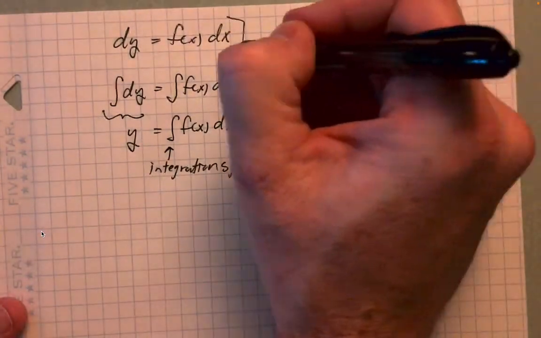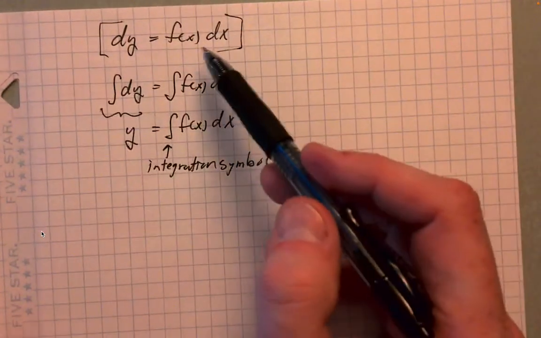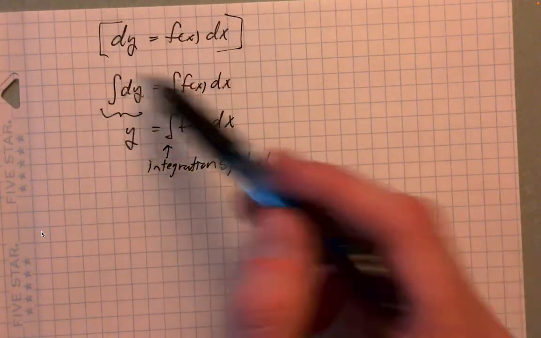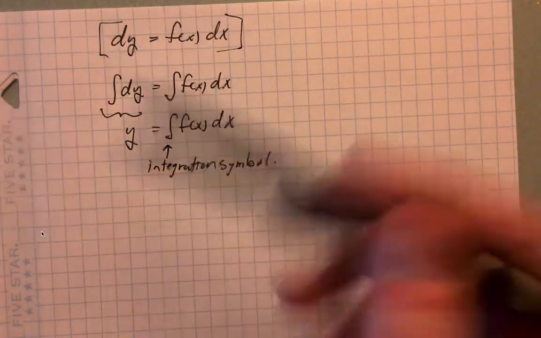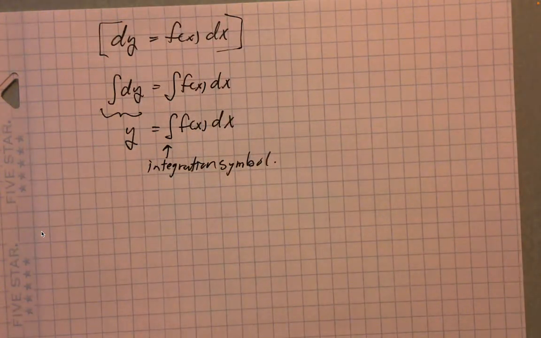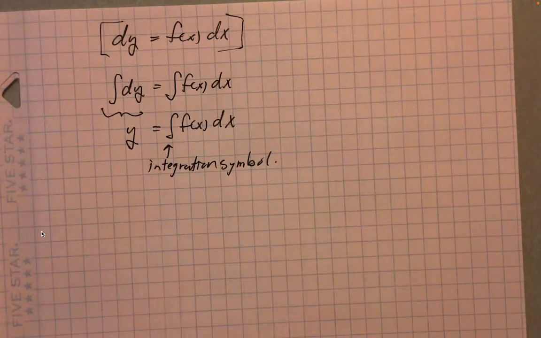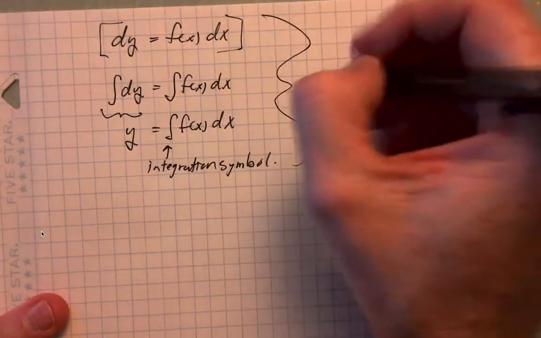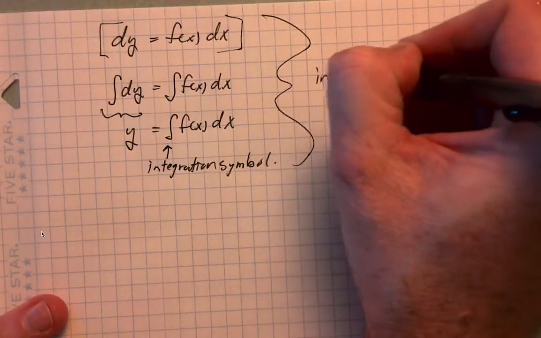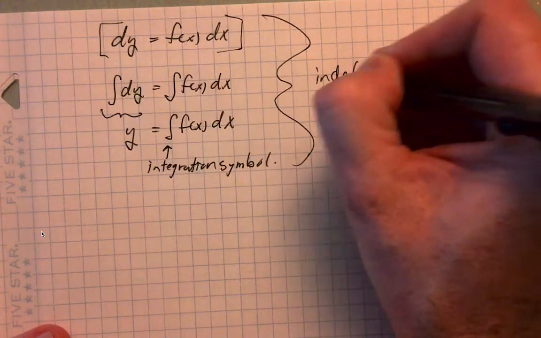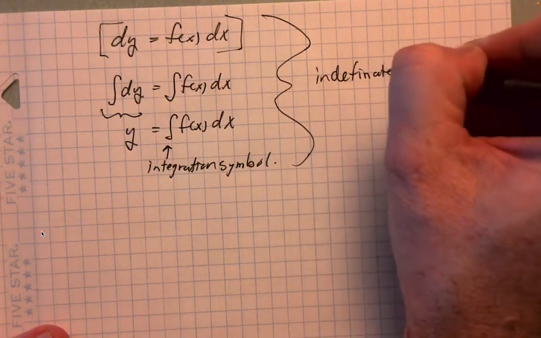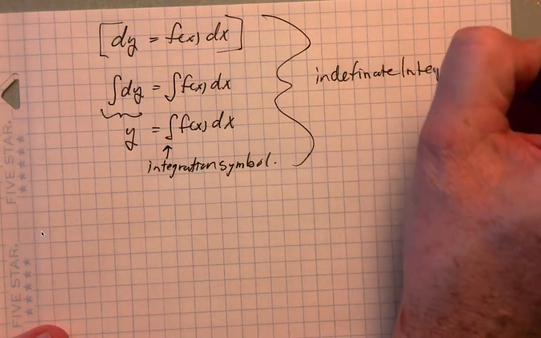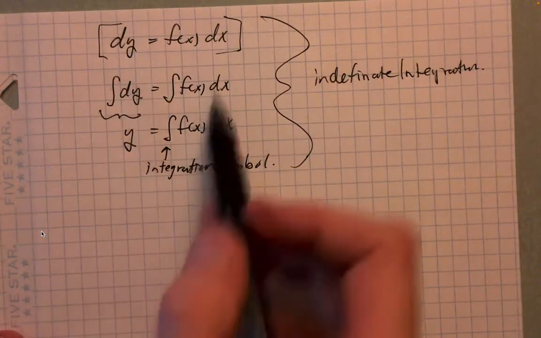So you have a differential equation, and starting with it, you can identify the general solution, the family of antiderivatives that are solutions to this differential equation, and that operation is called indefinite integration. This is the way you'd want to think about it.